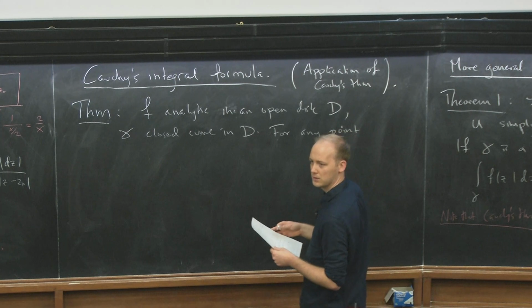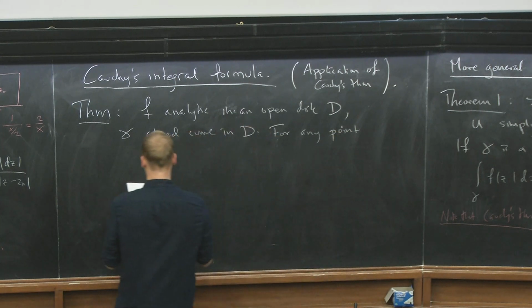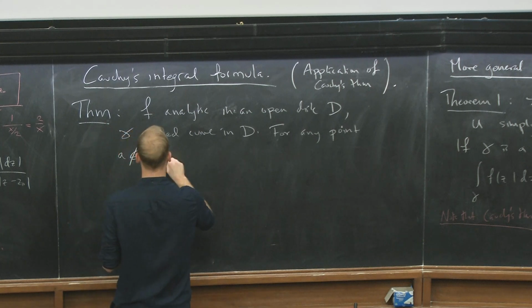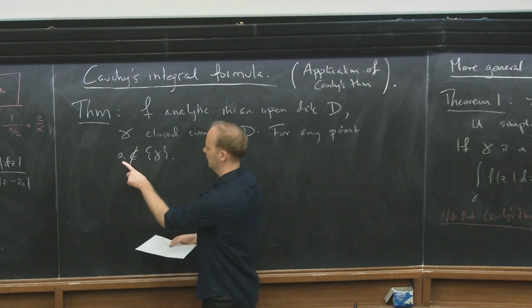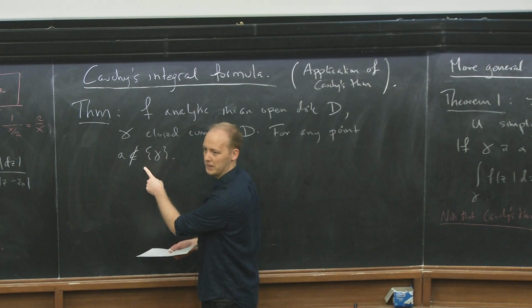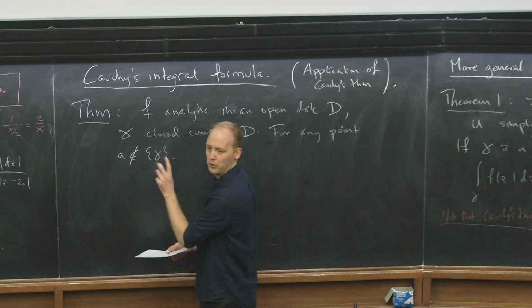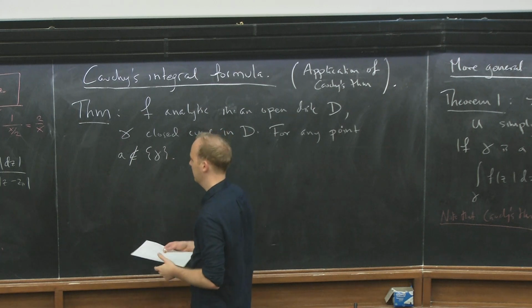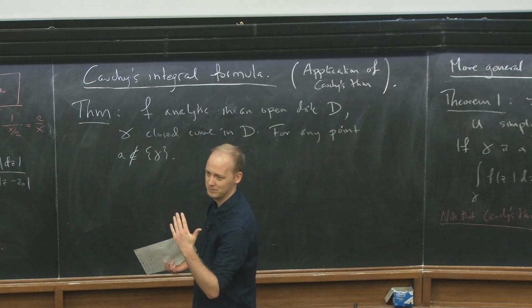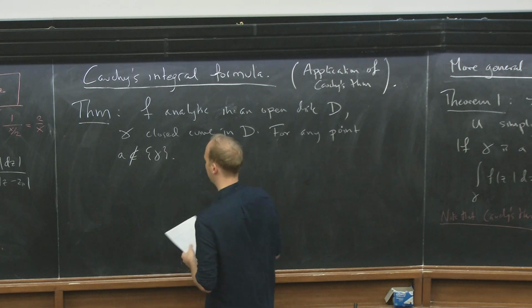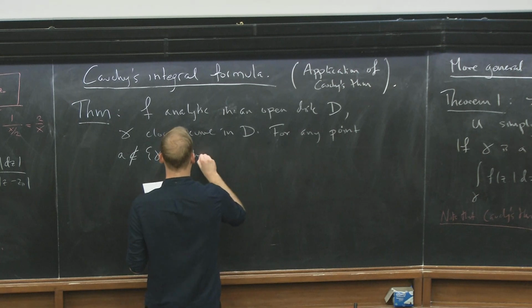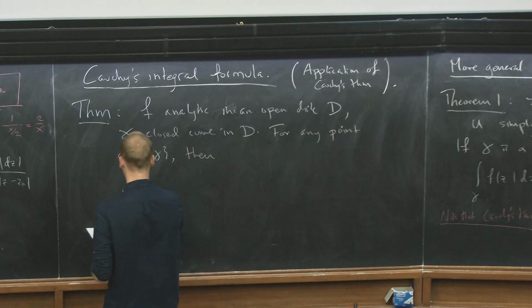For any point A, and here comes a rather important condition. So you cannot allow this point A to be on the curve. Right? It can be inside, it can be outside, but just not on the curve. And usually, if it is on the curve, you just move the curve a little bit, and typically, you can work with that. So if it's not on the curve, then we have the following formula.